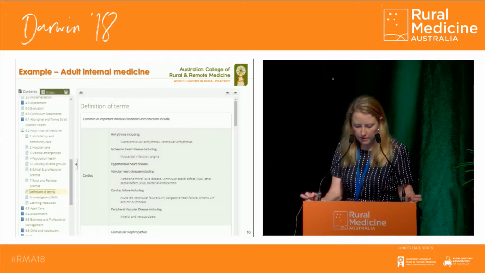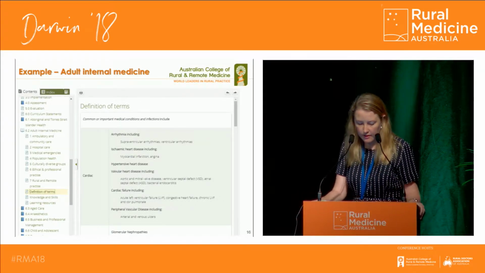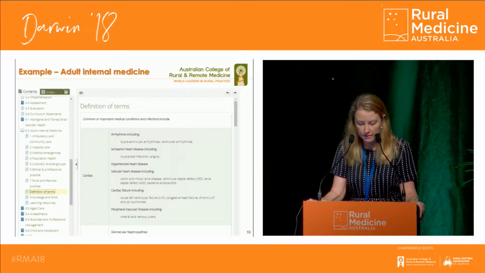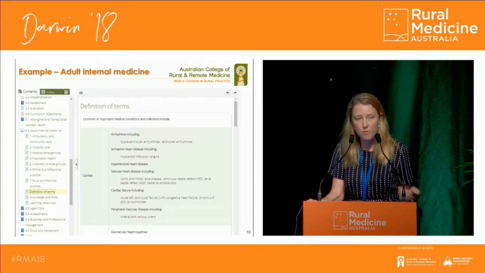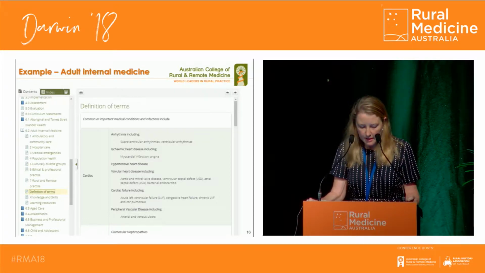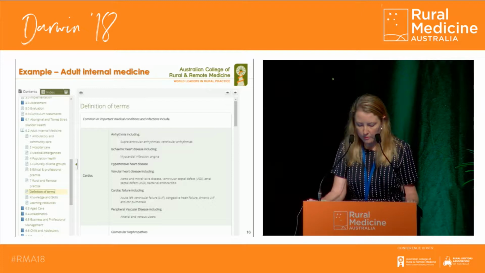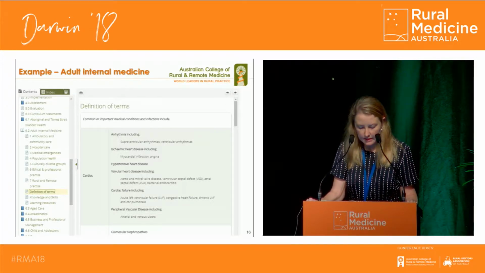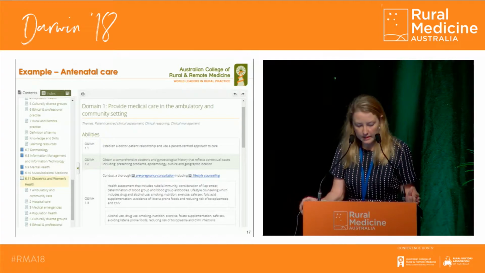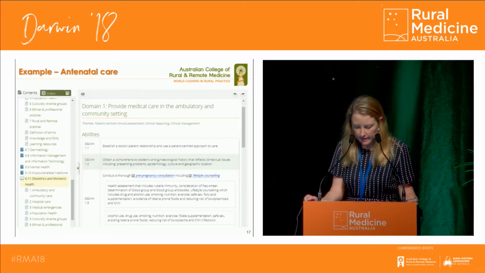Using the example of adult internal medicine, the online curriculum document also has definitions of terms and essential knowledge and skills, which list specifics that exam writers use to generate multiple choice questions and scenarios. This example lists the common or important adult internal medicine conditions a fellow needs to know. This next example is of antenatal care in the community setting.